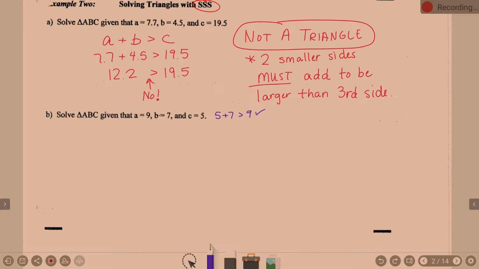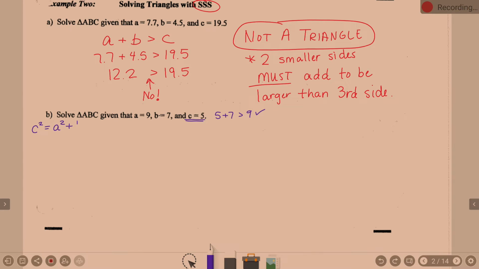Probably find angle C. I'm finding angle C first because it's the smallest side, so it's going to have the smallest angle opposite it. And this is just in case we end up with an obtuse angle at the end. So if I'm going to find angle C, which equation am I using? The one that starts C squared.